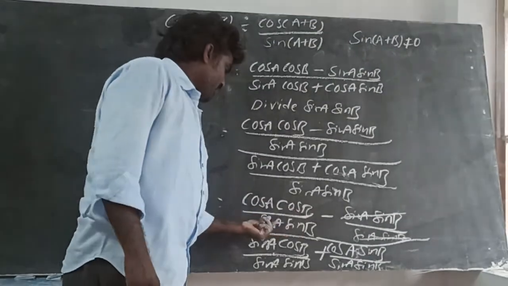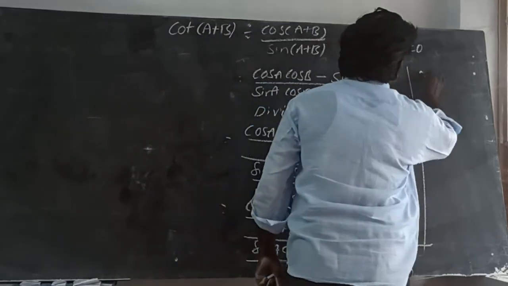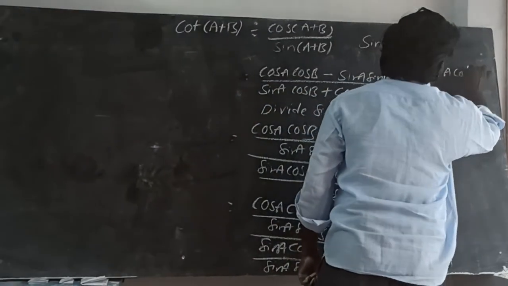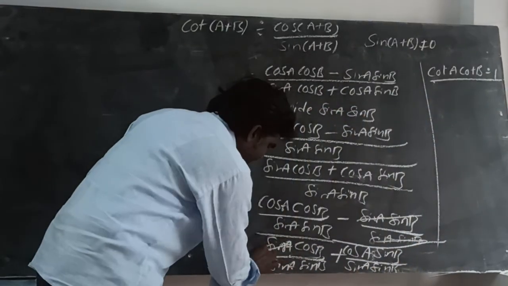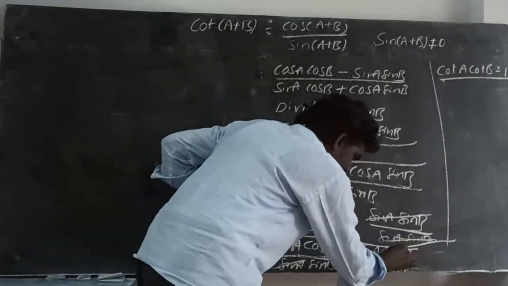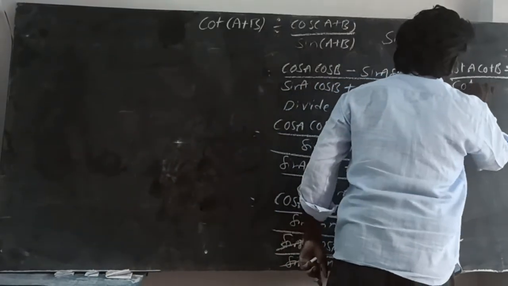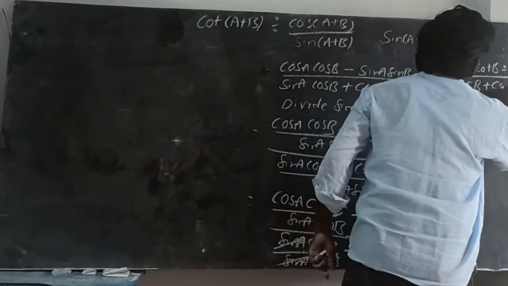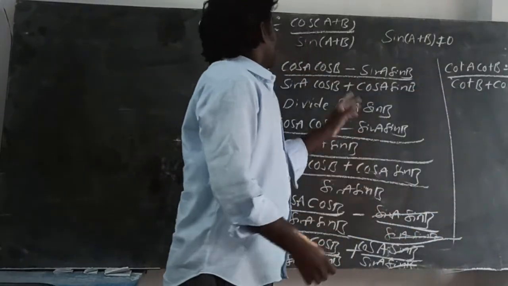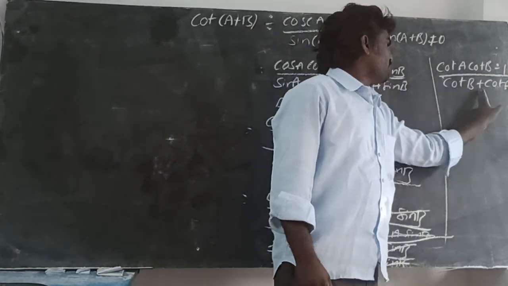Cos A cos B by sin A sin B we get as cot A cot B, minus 1, by: sin A cancels, cos B by sin B is cot B, plus cos A by sin A is cot A. So cot of A plus B is equal to cot A cot B minus 1 by cot B plus cot A.